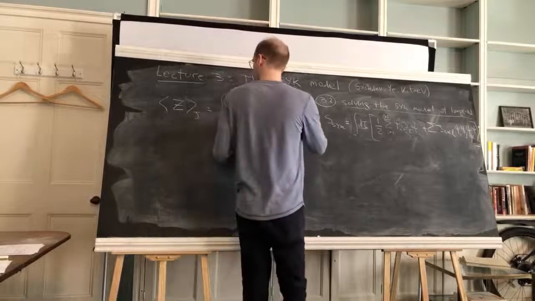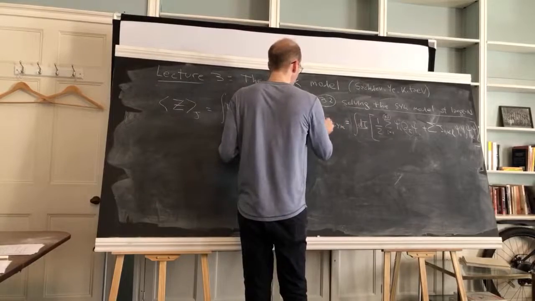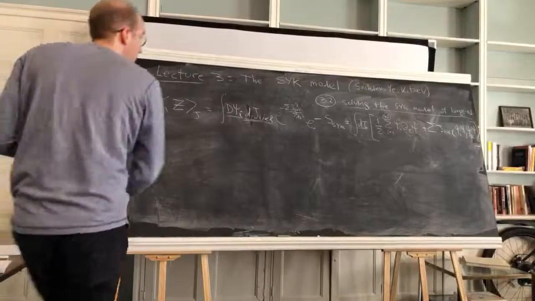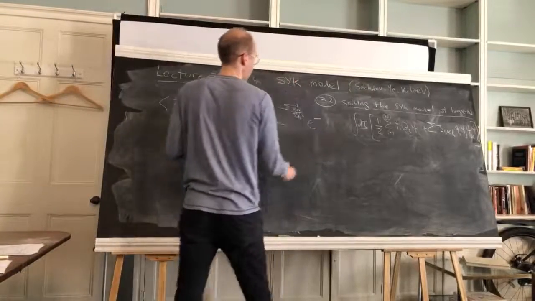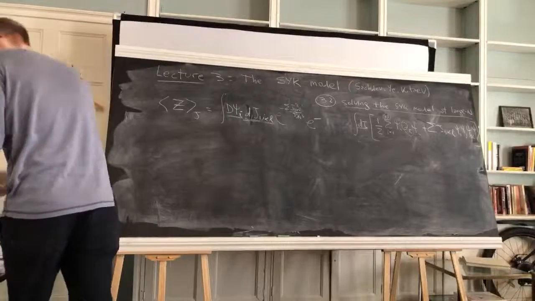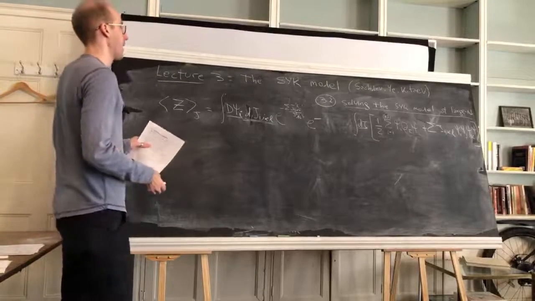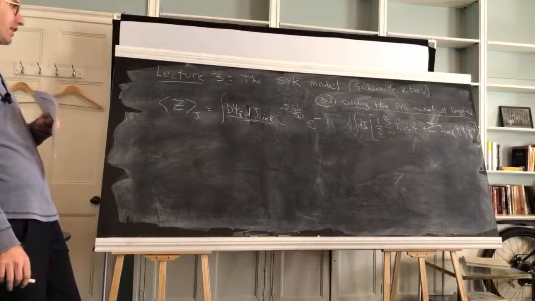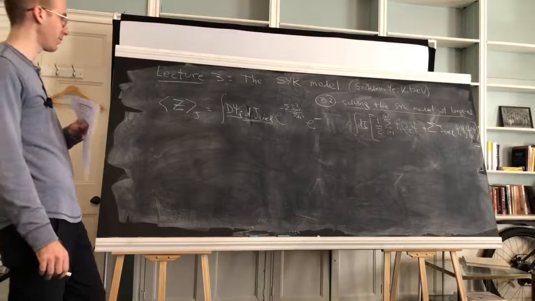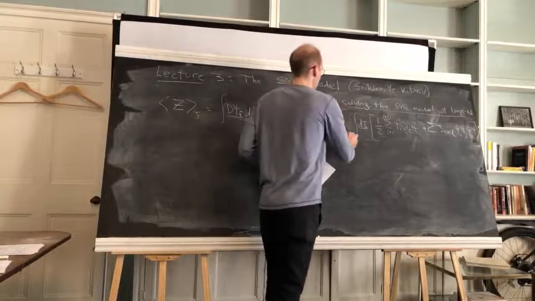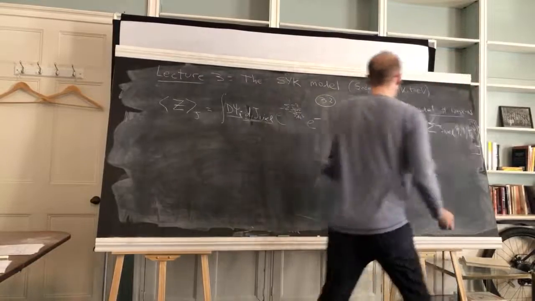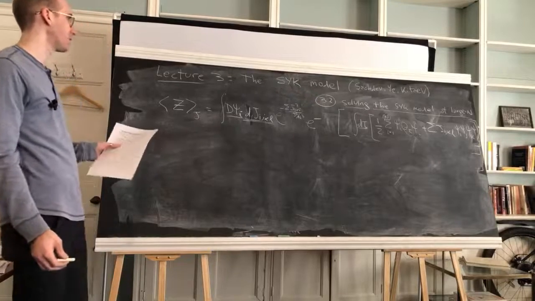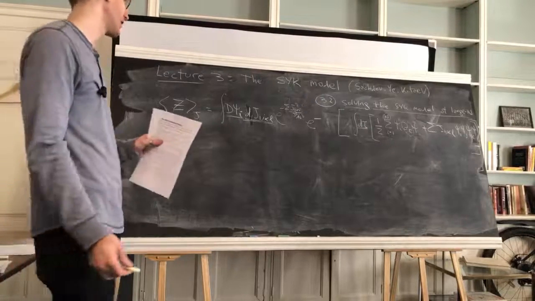And then we will have e to the minus our SYK action, that is this thing over here. And okay, we want to do this path integral or take it as far as we can. Path integrals are usually hard, so we'll do our best. But at least we have some guess coming from these Feynman diagrams that this path integral should simplify a lot in the large n limit.